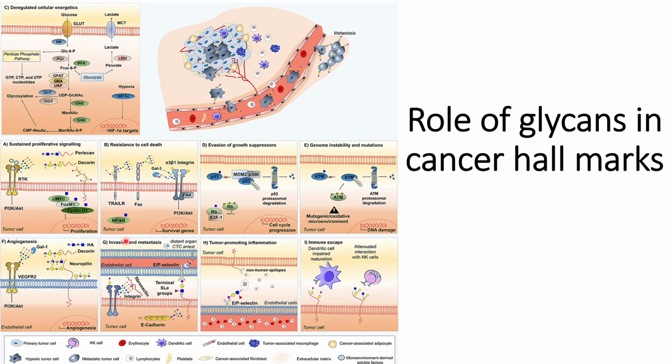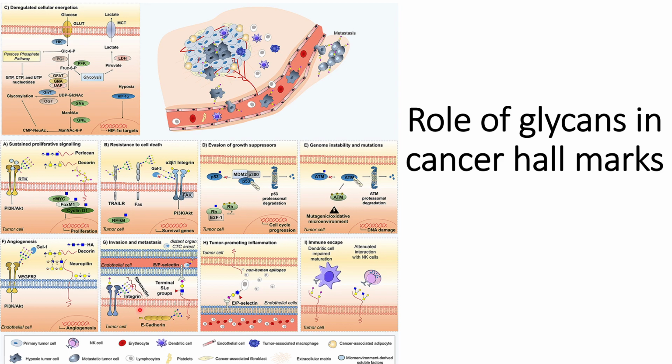Next thing is invasion and metastasis. In this case, because of the changes in the glycosylation profile, cells will acquire EMT characteristics, epithelial to mesenchymal characteristics, and when they reach the secondary organ, they will change again from EMT to MET, that is, mesenchymal to epithelial characteristics.